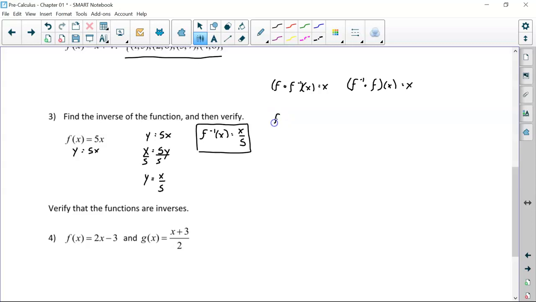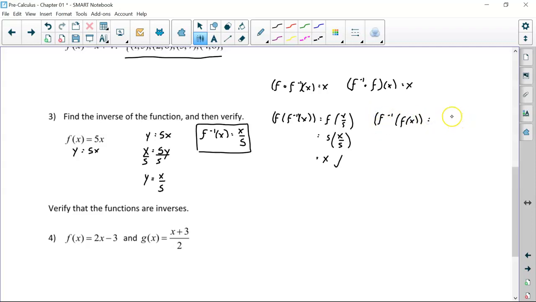So we're going to find f of f inverse, so it's going to be f of x over 5. So it's going to be 5 times x over 5. The 5's cancel, so we get x. That worked.